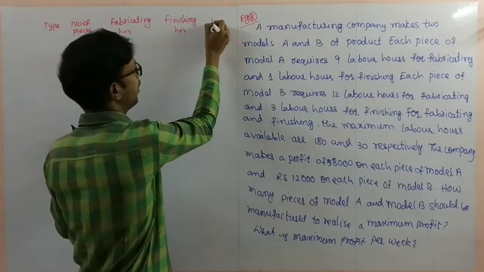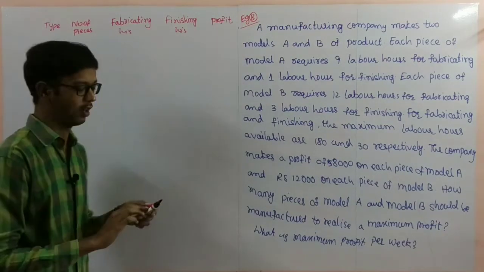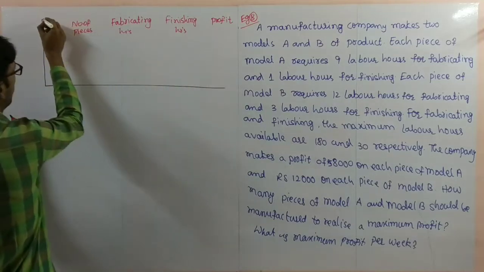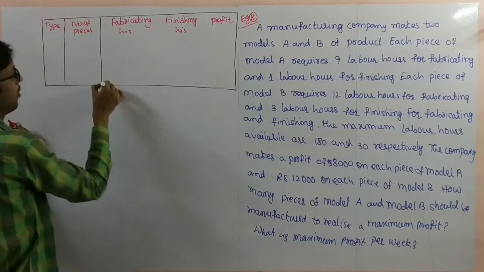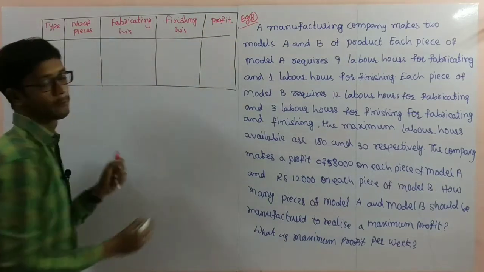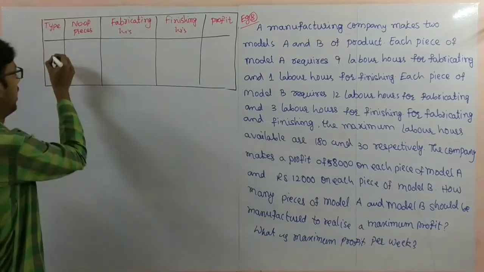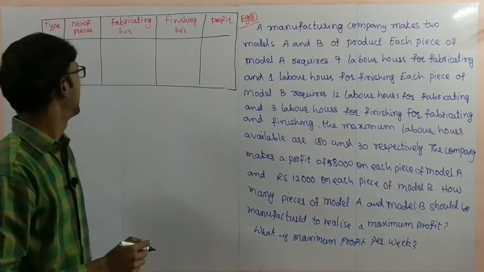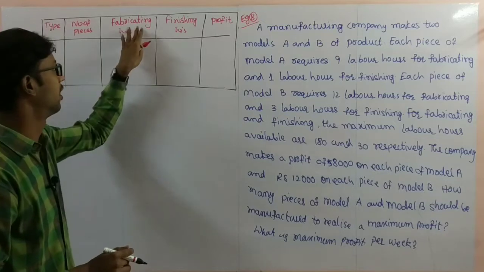Next, profit. These are the things we have observed. So draw the table properly. Types: two types, A and B products. Next, number of pieces, which we will write last.